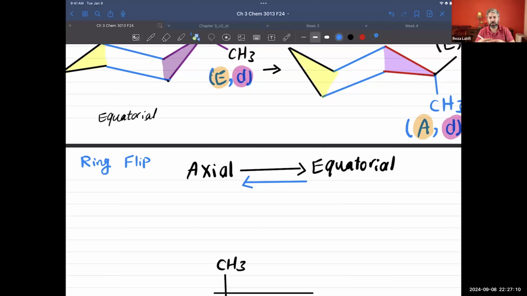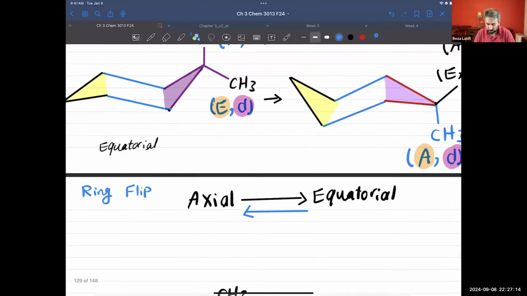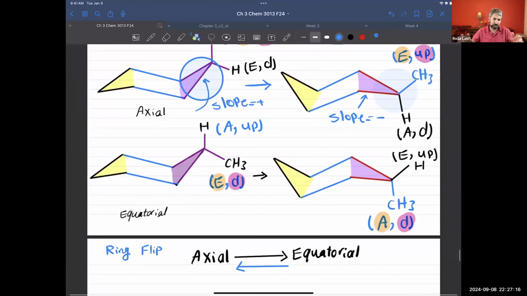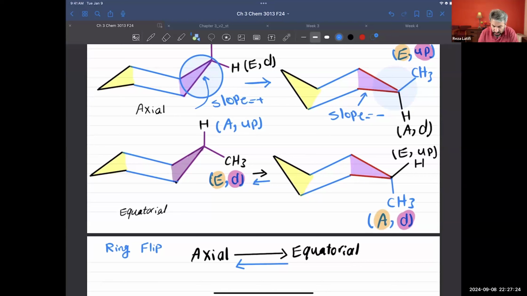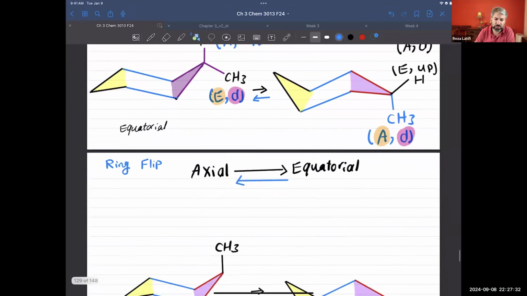So that means we do have equilibrium. Which one is dominant depends on the repulsion that you have, the strain that you are dealing with. It's better to write double arrows to show that we are dealing with equilibrium, and that's the reason we call it ring flip equilibrium.